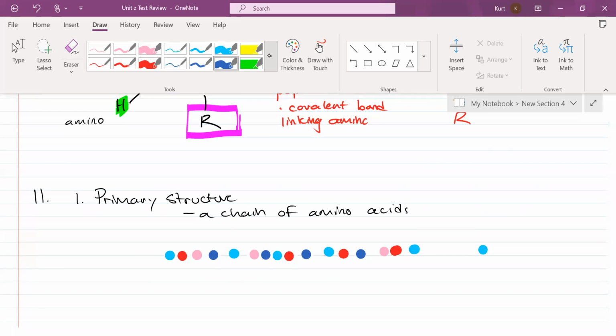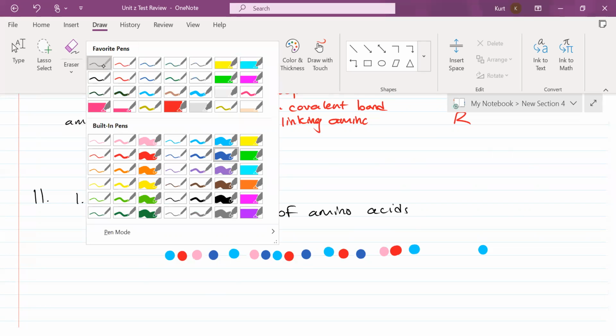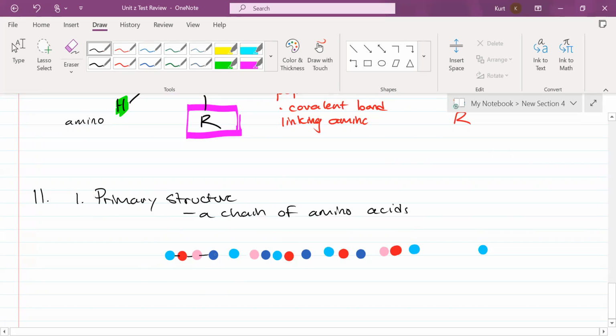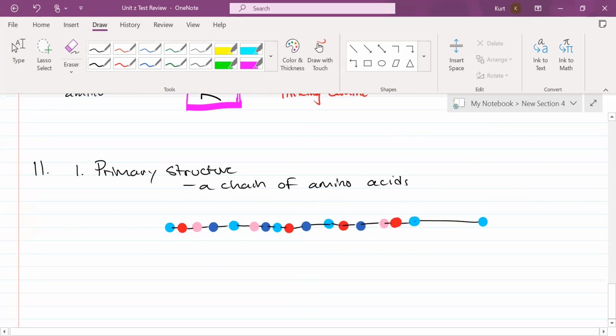And they're all linked together. All right, that's the primary structure.